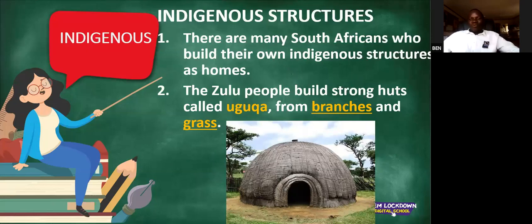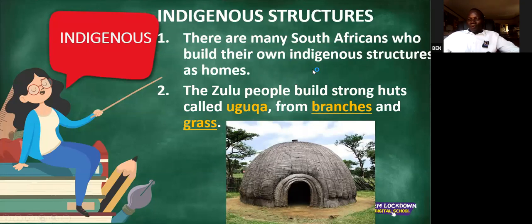We are going to only choose 3. Now, in South Africa, there are many South Africans who build their own indigenous structures as homes. Since I told you I will focus on 3 only, now we'll start with the Zulu people.